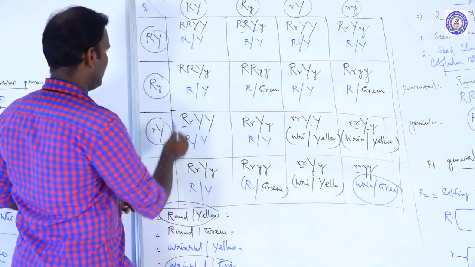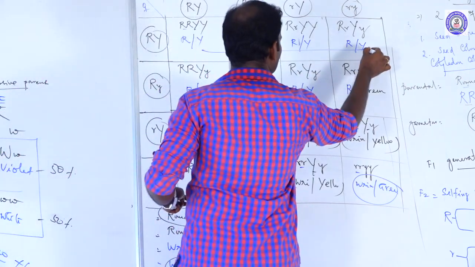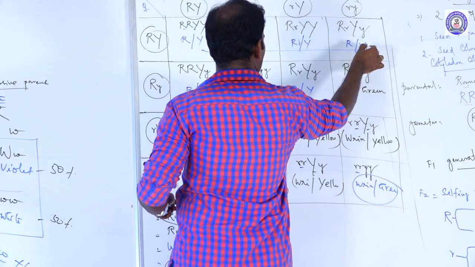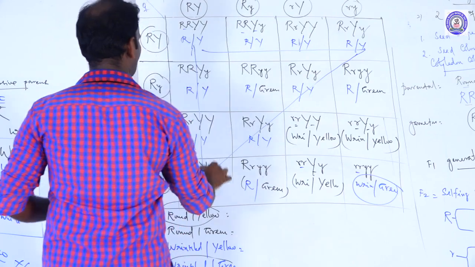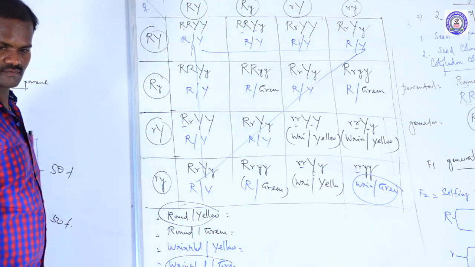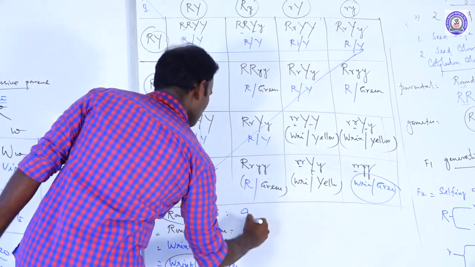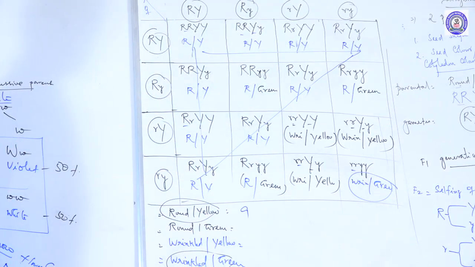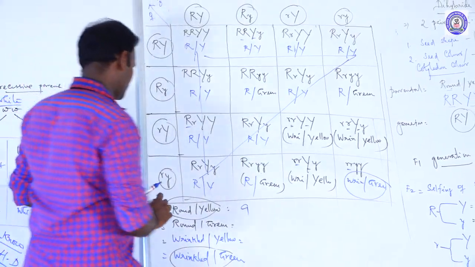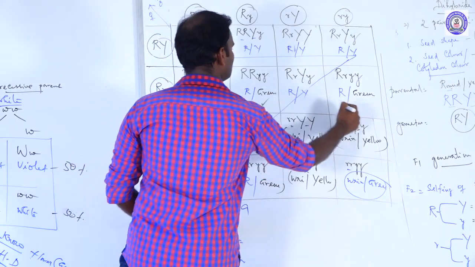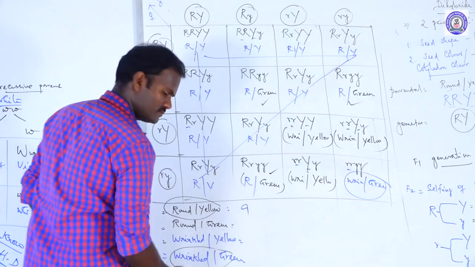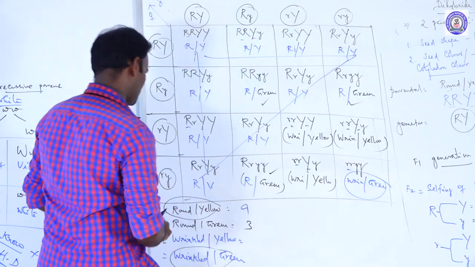Okay, round yellow, if you calculate this round yellow, yes, these are called round yellow. Totally 9. 9 offsprings are round and yellow. Round green are 3.